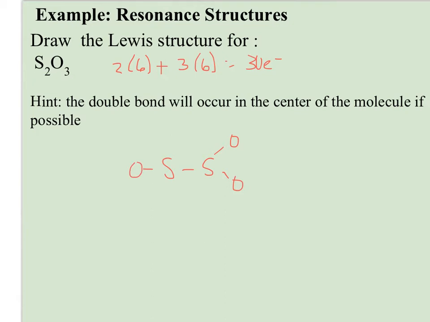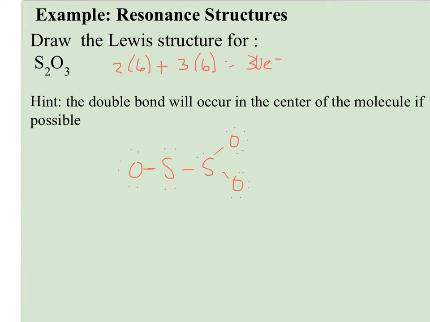I'm going to attach them like so, and then figure out what I need for lone pairs. So this oxygen still needs 6. This sulfur still needs 4. This sulfur only needs 1 lone pair or 2 electrons. These oxygen each need 6 or 3 pair.